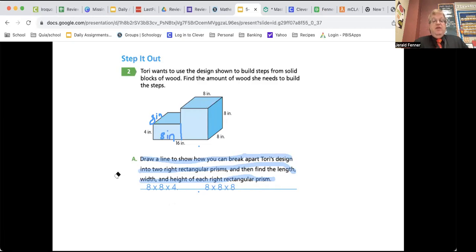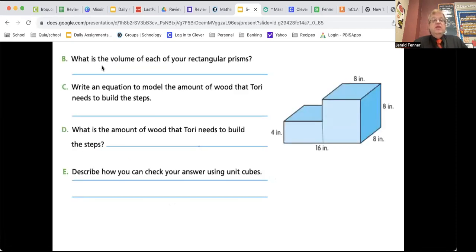So after you have all that written down, you can then start to figure it out. What is the volume of each of your rectangular prisms? Well, the 8 times 8 times 8 times 4, 1 is going to be 256 cubic inches.